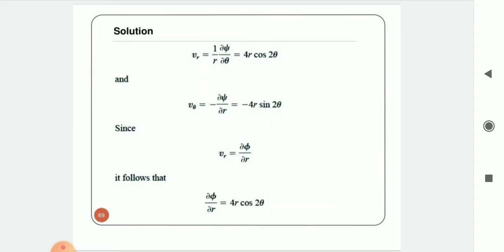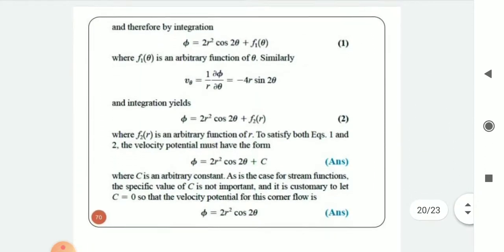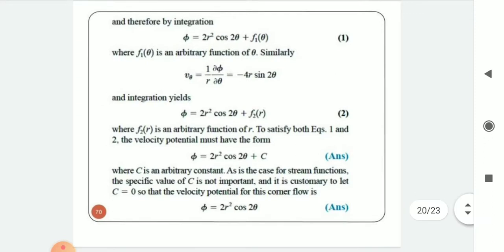Since Vr = ∂phi/∂r, it follows that ∂phi/∂r = 4r cos 2θ, and therefore by integration phi = 2r² cos 2θ + f1(θ). Let's call it equation 1, where f1(θ) is an arbitrary function of theta.